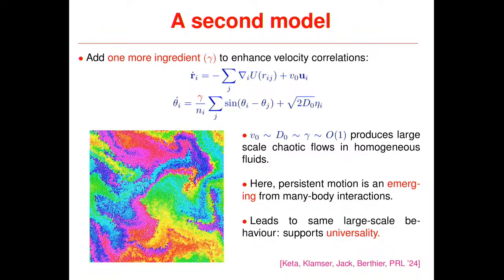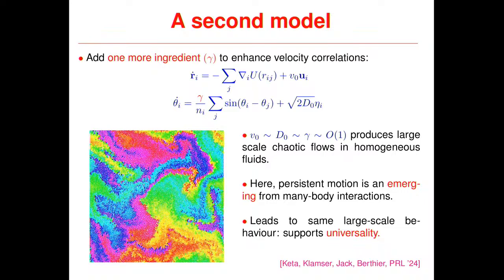The idea I had at the time was, if we take everything of order one now, can we still see these very long-range correlations emerging in the absence of flocking, in the absence of sending one parameter to infinity? And this is the result, which again shows you this large-scale chaotic motion. Everything here is really of order one, so far from the flocking transition, a little bit of persistence, a little bit of alignment, and that's it, you have it.